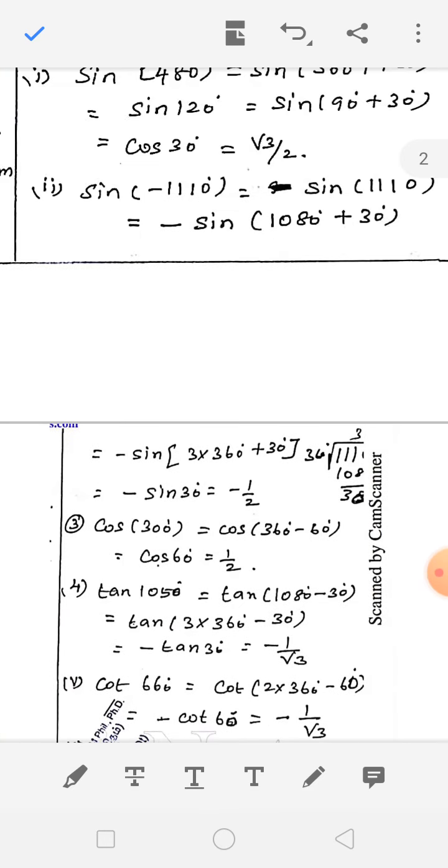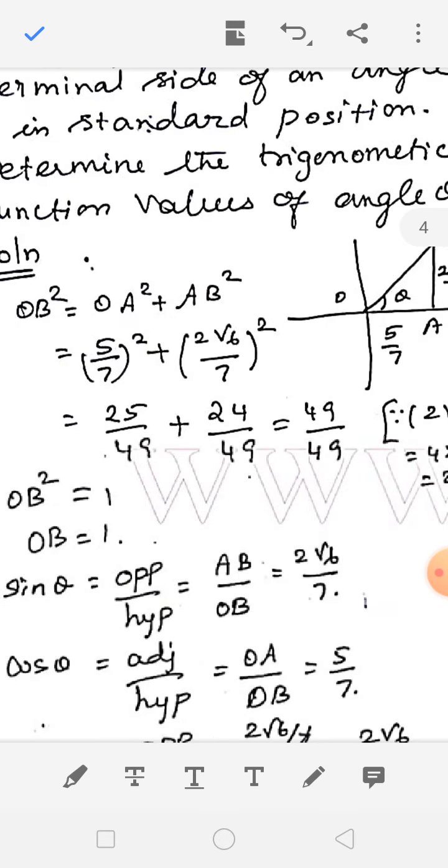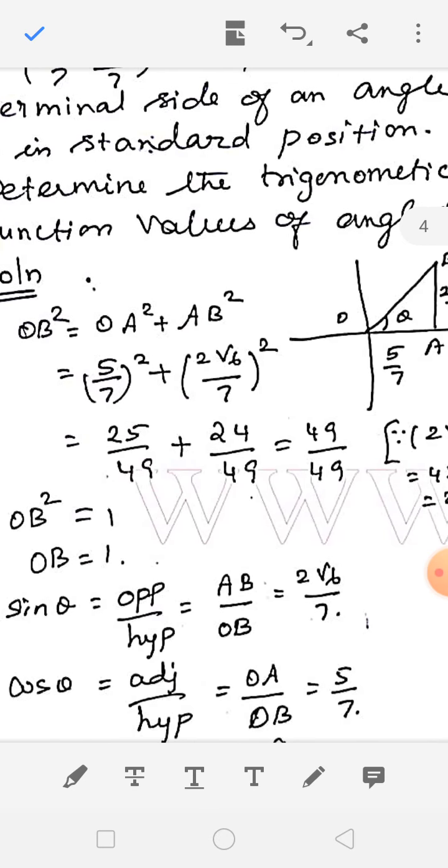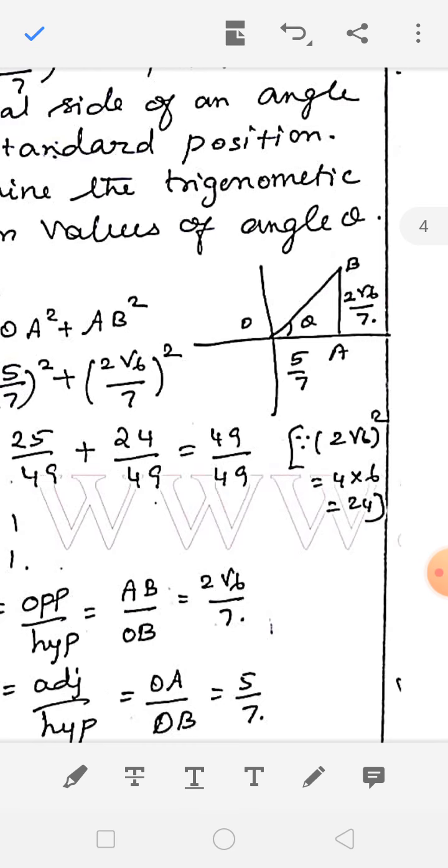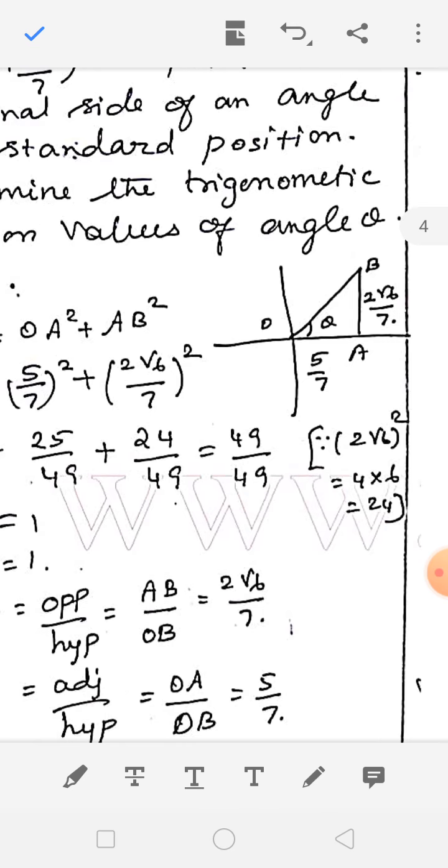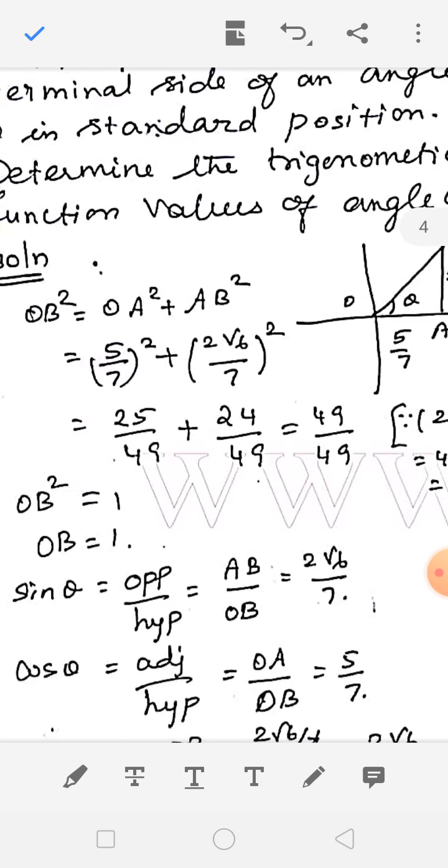Okay, now I'm going to explain. So OA square plus AB square. OA square is 5 by 7 whole square, and 2 root 6 by 7 whole square. So 5 square is 25, 7 square is 49, plus 2 square is 4, root 6 square is 6 only. So 4 into 6, 24, 24 by 49.